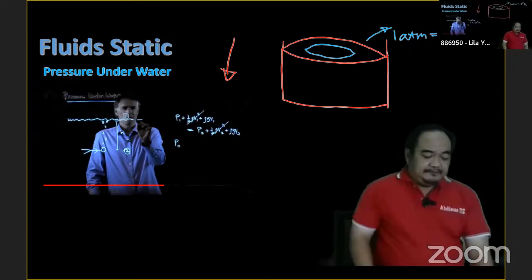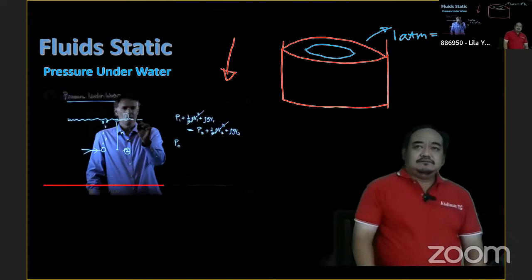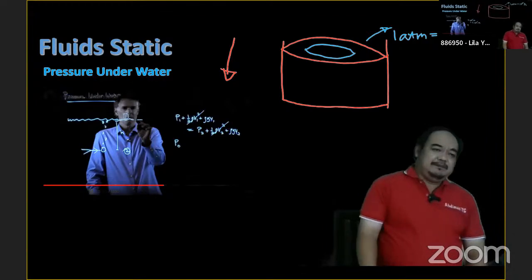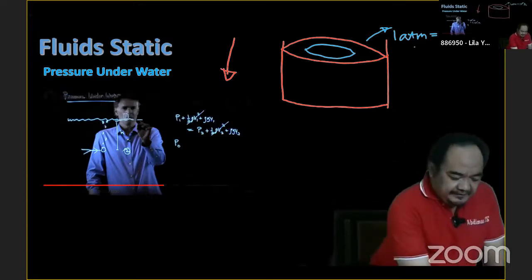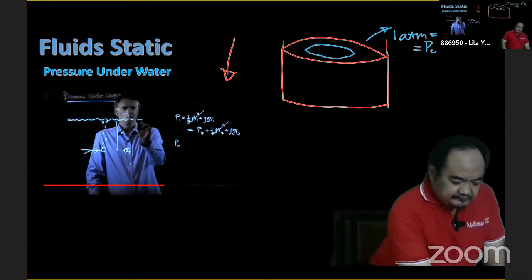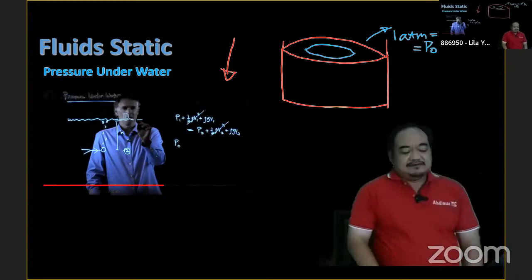Usually we denote the atmospheric pressure as P naught, P0.